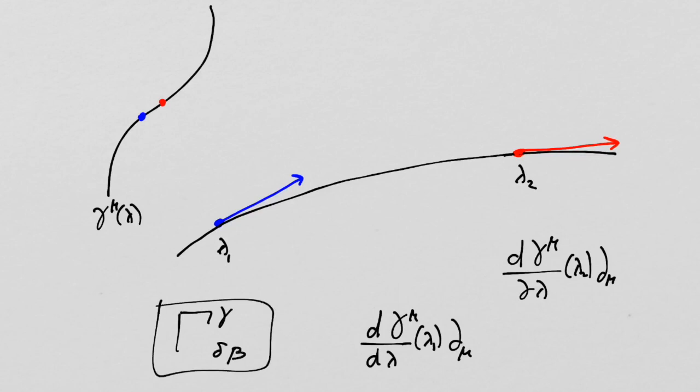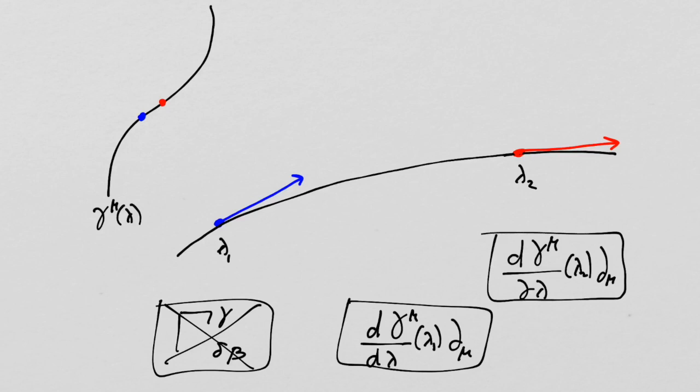A connection on the manifold, be it a metric connection or any old affine connection or any connection you provided for the manifold, I do not need that to calculate this and this, right? The only thing that I need to calculate those is the curve, and the curve is parameterized by lambda. So that's a function of lambda only. Those derivatives are easy to calculate. I do not need a connection on the manifold.